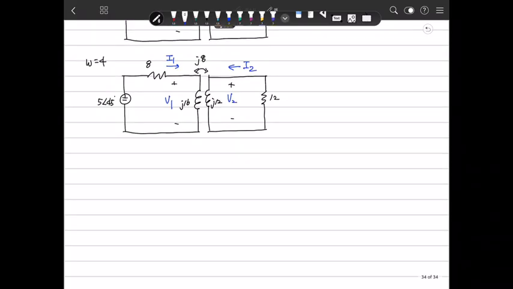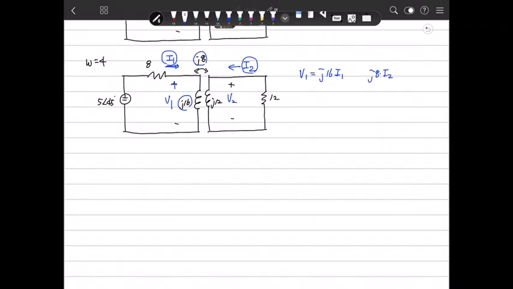So to get here, at first we make 2 equations from the coupled inductor. And what is that? V1 is J16 I1, because this is positive, it's going into the positive, J16, I1. And another term is I2 and coupled, J8, I2.